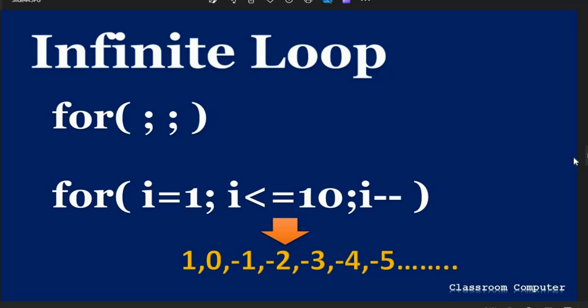So in every iteration, the value of I will be 1, 0, -1, -2, -3 and so on, and it will never reach 10. So this loop will continue infinitely. This is also an example of an infinite loop. Sometimes this type of loop is created by a programmer continuously for displaying some message again and again.